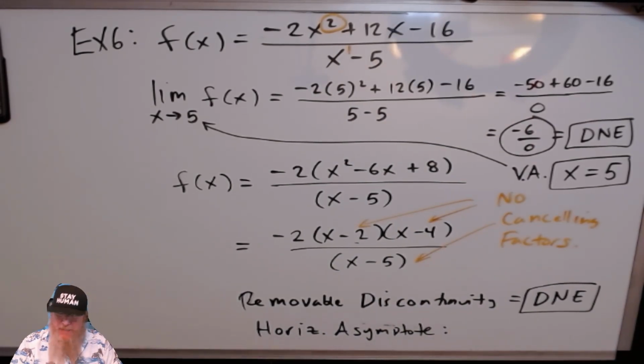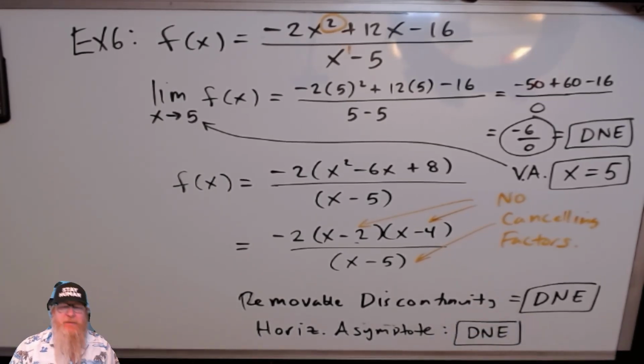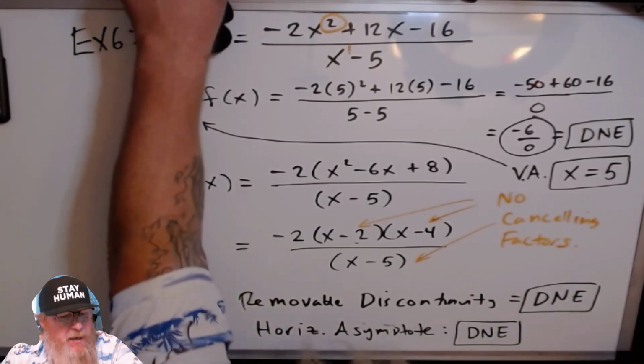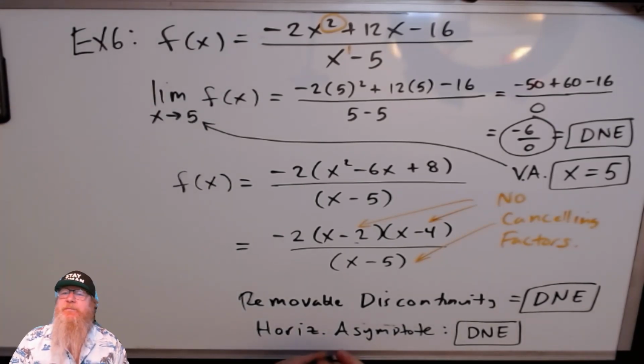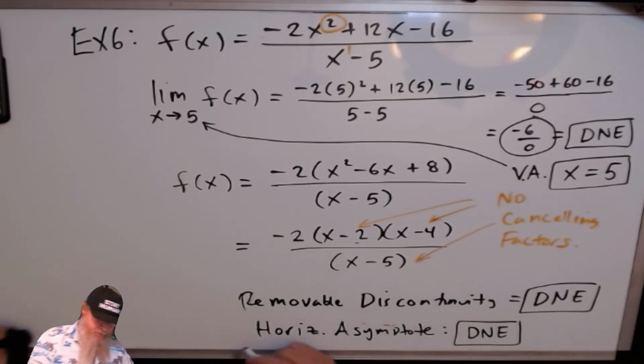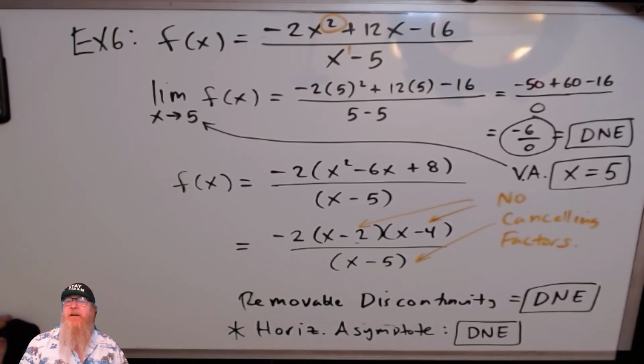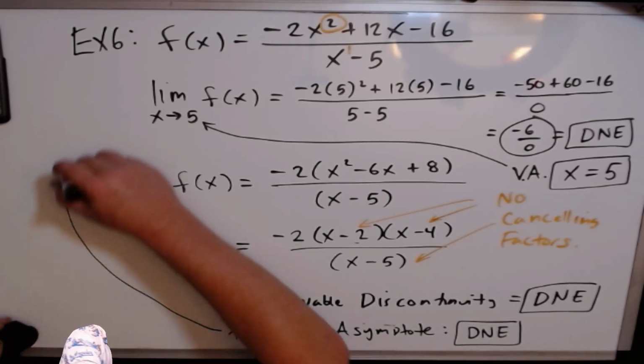So it's also dne. The horizontal asymptote does not exist. Now, I mentioned this earlier. I want to put a little sort of asterisk here. All right. It requires some more study.